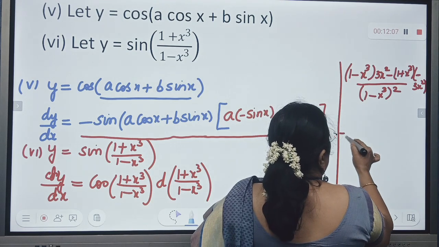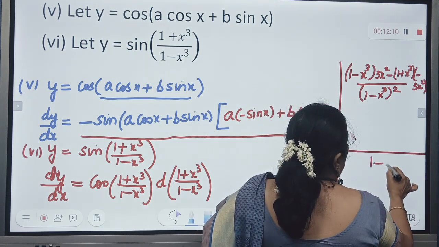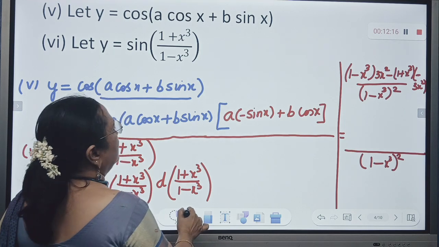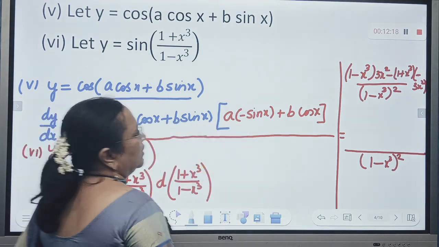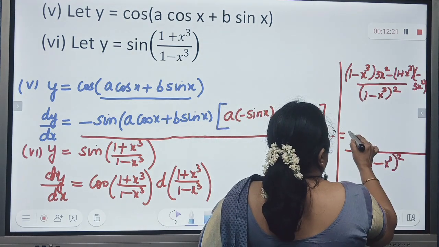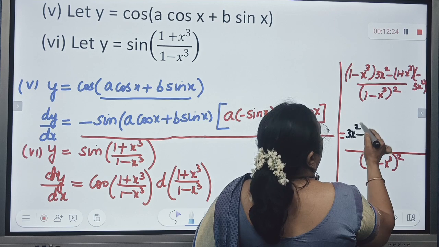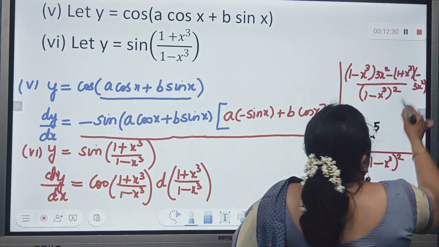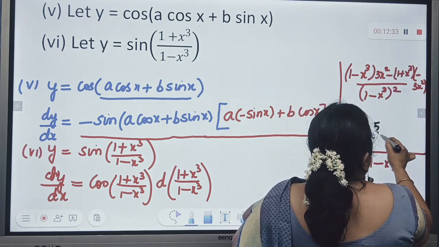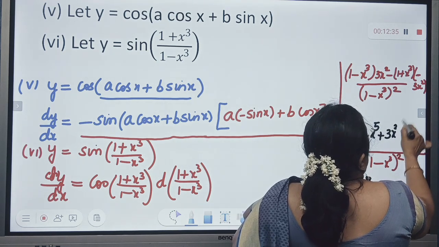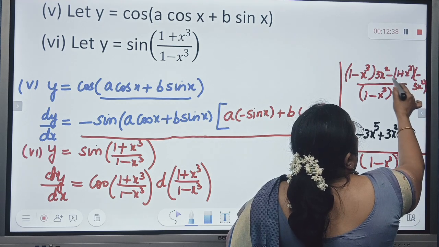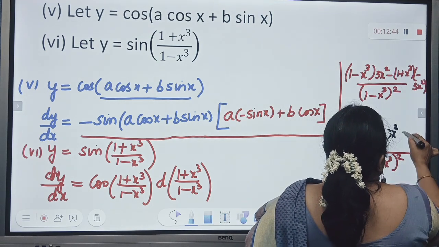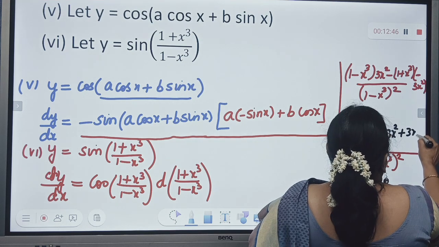Derivative of the denominator will be: derivative of 1 is 0, derivative of minus x cube is minus 3x square. So this is further (1 minus x cube) the whole square, into, let us simplify the numerator. What will I get? 3x square into 1, 3x square, minus 3x power 5. Then I have minus 3x square into minus, plus 3x square, because minus 3x square into minus 1 will be plus 3x square. Then again minus into minus, plus 3x power 5.